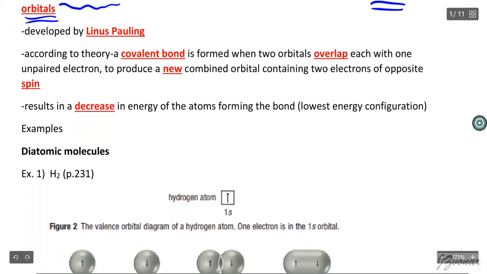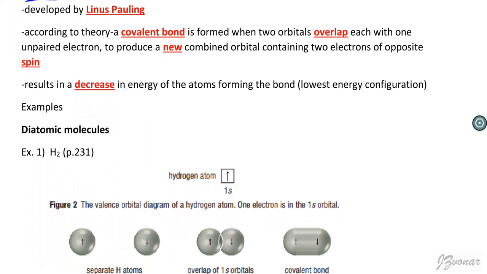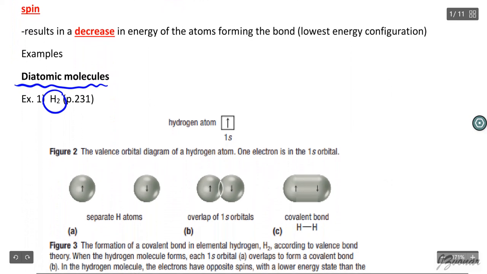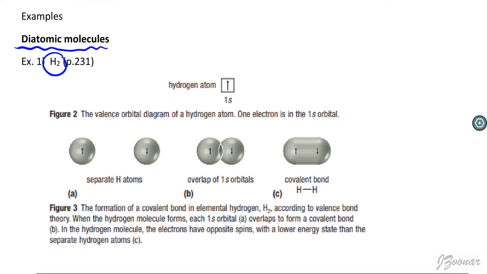So the first examples that we're going to look at are some diatomic molecules, all right? And the first one we're going to look at is the hydrogen molecule, the simplest of the diatomic molecules. If we look at the orbital diagram for a hydrogen atom, it has one electron in the first s orbital, the 1s orbital.